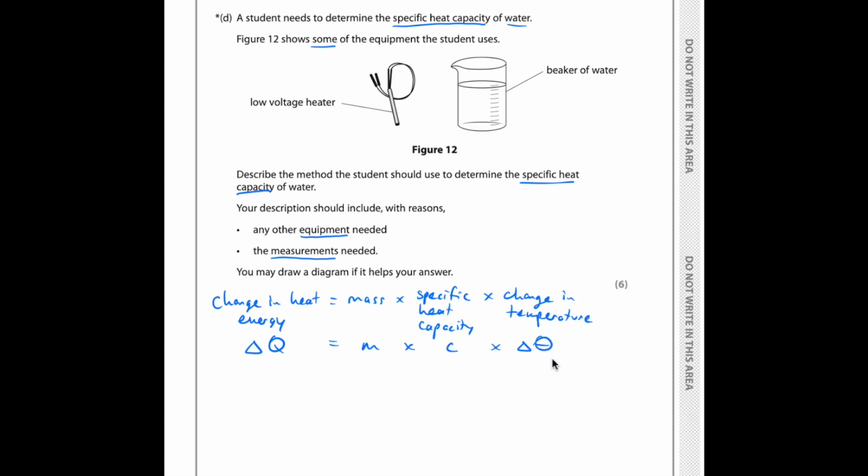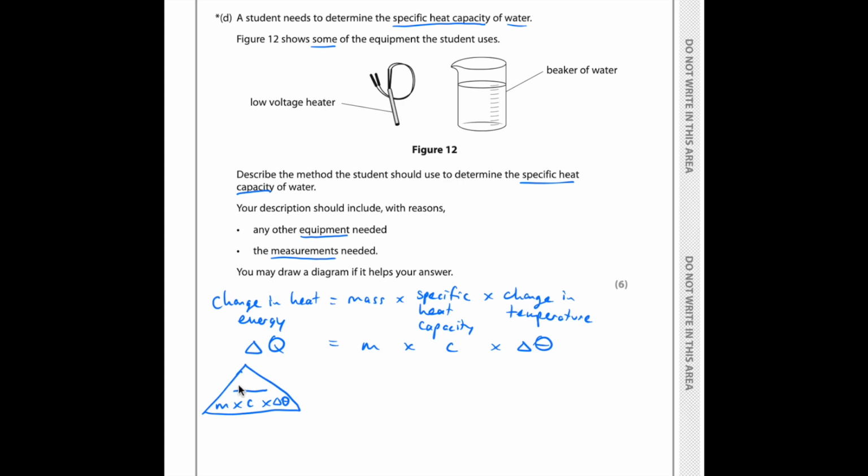Now if we rearrange that to find the specific heat capacity C, now our magic triangle will need 2 multiplied by signs, because there's 2 multiplied by signs here. And we've got M times by C times by delta theta. So we'll pop them in.